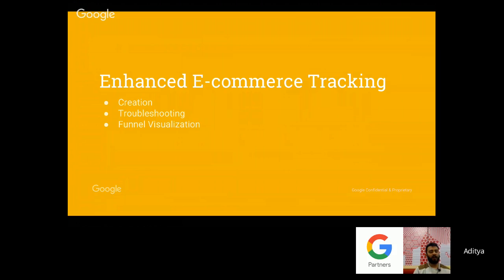Now coming to the next section, which is the most powerful feature that Google Analytics has right now for anyone that is into online sales or is selling a product or a service on the website, which is called enhanced e-commerce tracking. As the name suggests, it is based on e-commerce tracking.